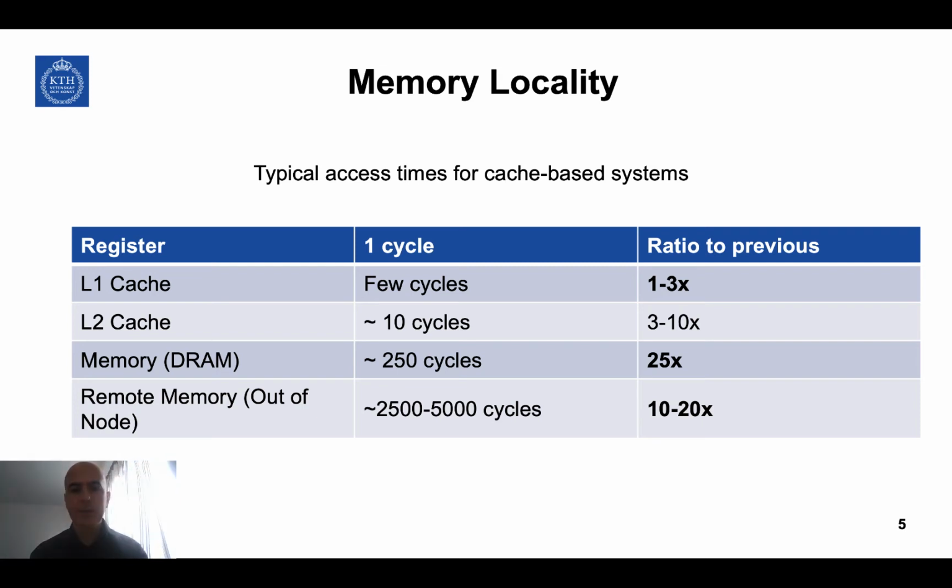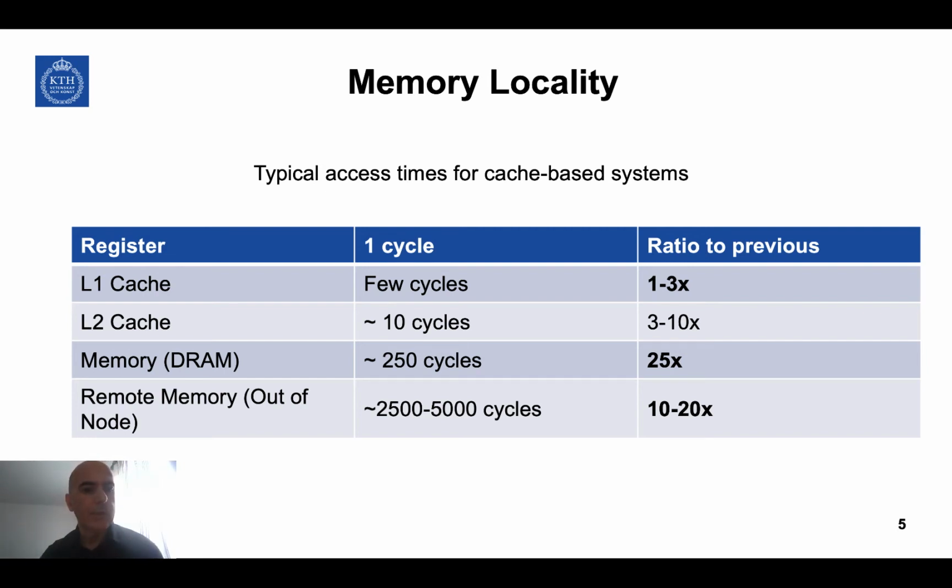Typically, L2 cache has an access time of the order of 10 cycles, so between 3 and 10 times slower than L1 cache. How much time does it take to go to the main memory, the RAM? Typically 200 clock cycles, roughly 100 times slower than accessing L1 cache. So here you understand the importance of using cache properly. By just using L1 cache, you can speed up data access by 100 times.